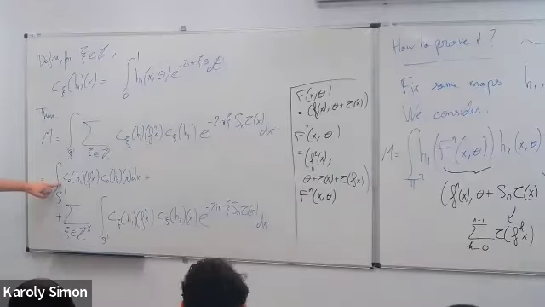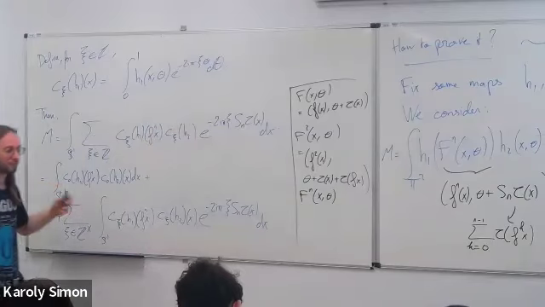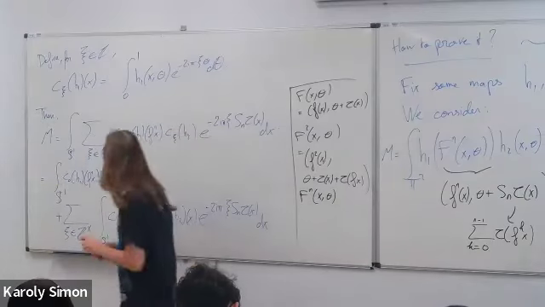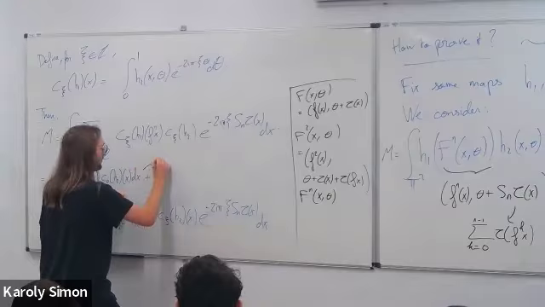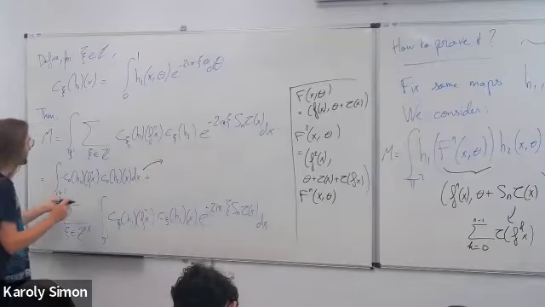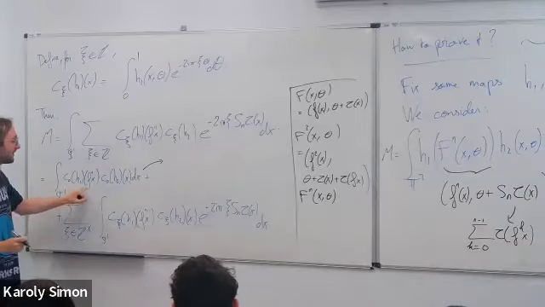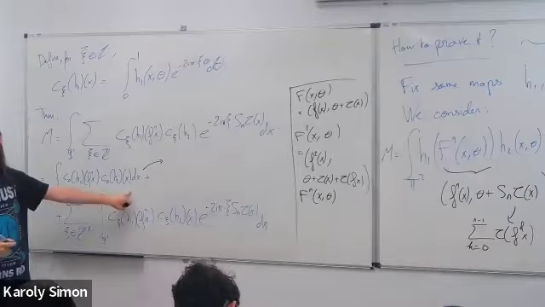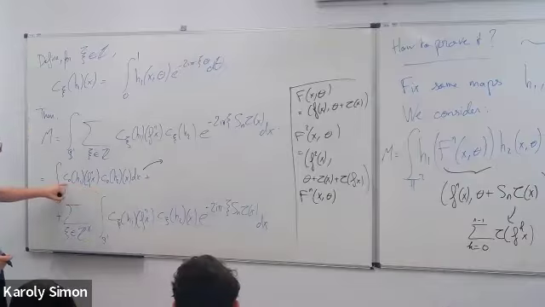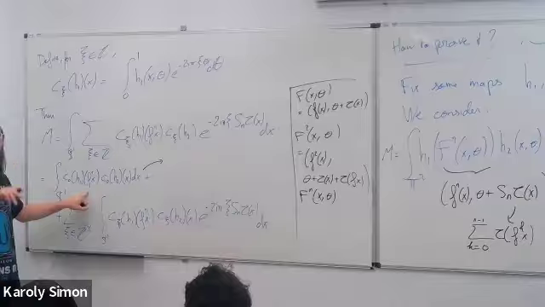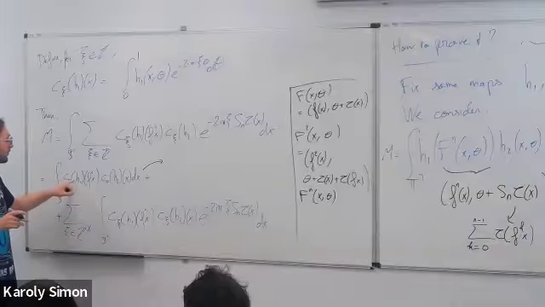This term is quite important because we can already control it. We know from what we proved just earlier that this is equal to the integral over x of this times the integral over x of this, plus some exponentially small term. But the integral over x of this is literally the integral of h1 on the two torus, because C0 is just an integral in the theta parameter.